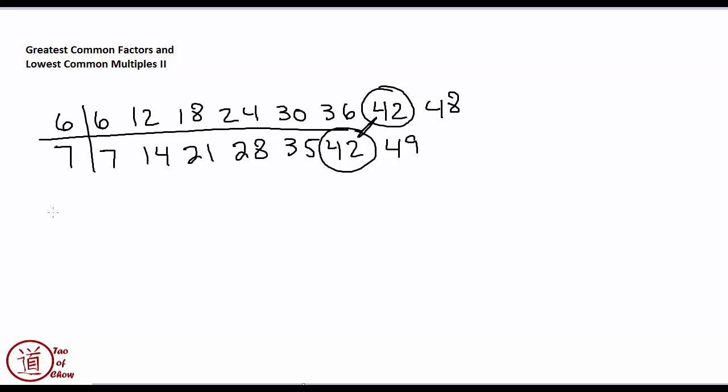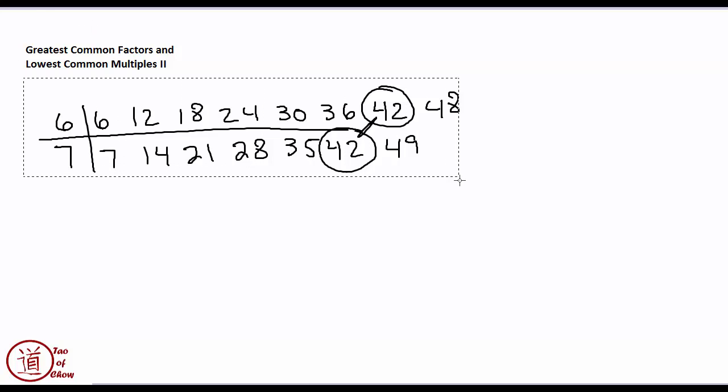Now, this method's okay. It's kind of a brute force method, and it will work, but sometimes it just takes a long time to find anything. That's for lowest common multiple. For greatest common factor, I'll give you another example. It's easy just to list all the factors of something and compare them.